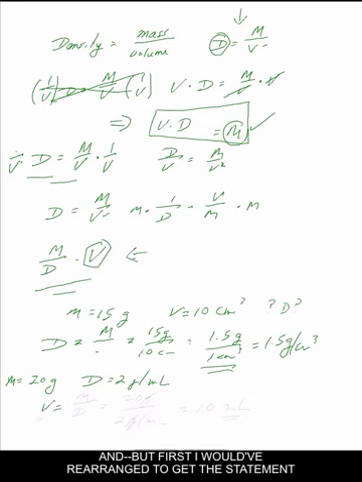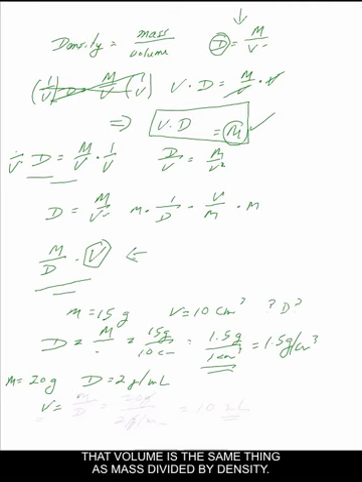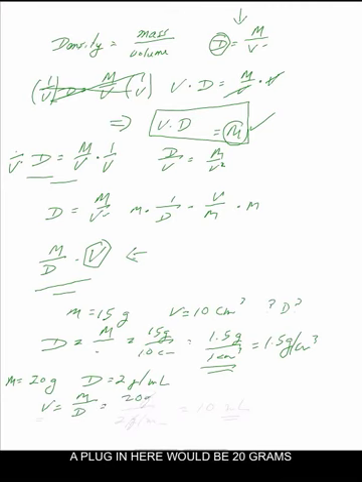But first I would have rearranged to get the statement that volume is the same thing as mass divided by density. A plug in here would be 20 grams divided by 2 grams per milliliter.